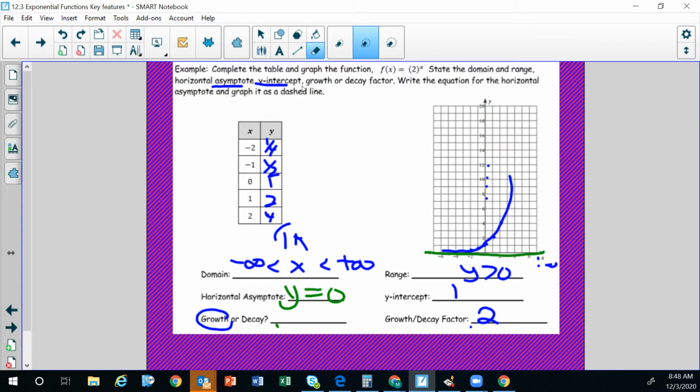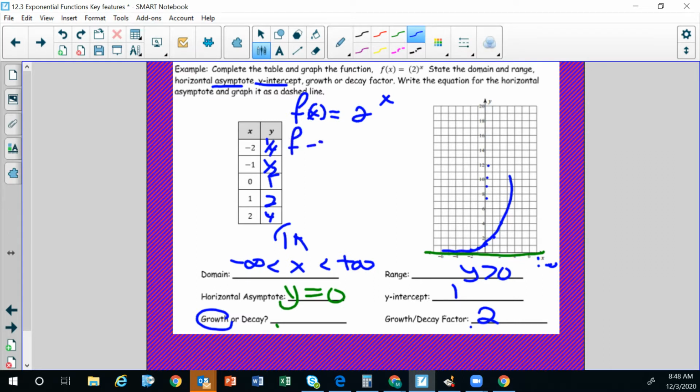All right, so f of x, Joel. f of x is equal to 2 to the x, and we want to find the value of f of negative 2. That's going to equal 2 to the power of negative 2. Now, to solve this, the negative 2 means reciprocal, so I can rewrite this as 1 over 2 raised to the power of 2.